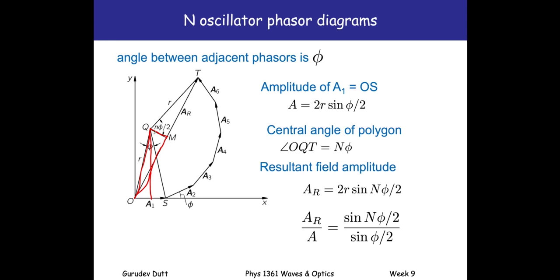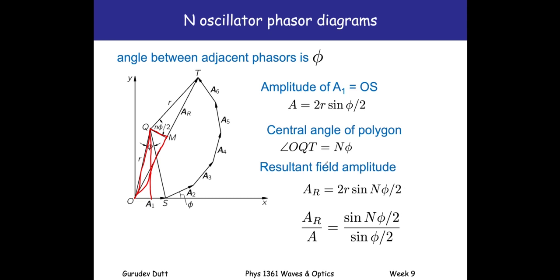Because the total angle is n phi, each of these individual angles, which are bisected by this right angle, is n phi over 2. Again, I can use that triangle to obtain AR is 2R times sine n phi over 2.